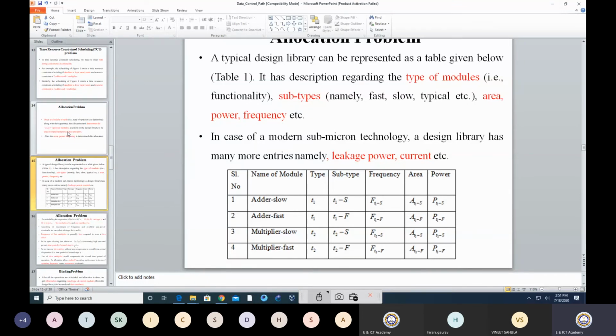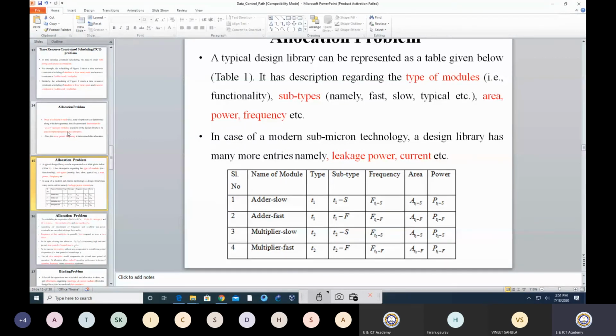Now when I think about selecting for addition, obviously I will go for an adder, and for multiplication I will go for a multiplier. Now the adder can be of different types. As I said in one of the earlier slides, you can go for a carry look ahead adder, or you can go for a ripple carry adder.